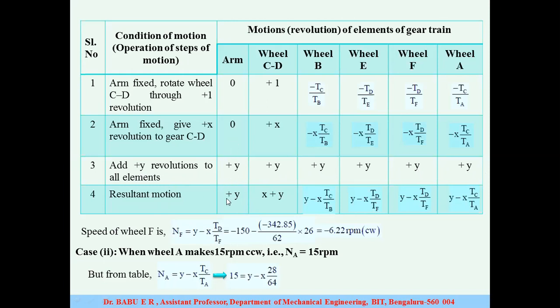So 0 + Y is +Y. Add these two, you get X + Y. Add these two, you get Y minus X times TC by TB. Add these two, you get Y minus X times TD by TF. Add these two, you will get the corresponding values. So this is tabulating the values of the tabular column.